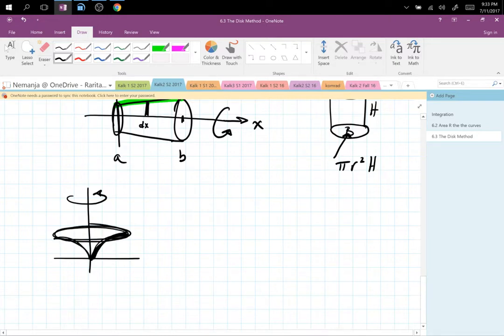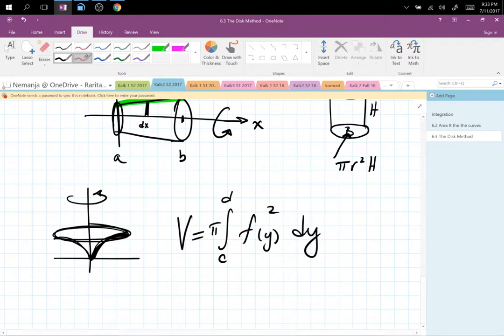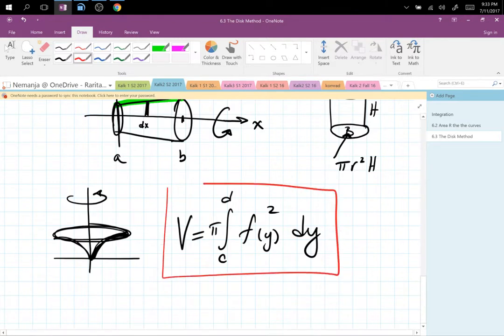It will be some kind of dish that has a spike on the bottom, and you have to balance it, I don't know, to stand, whatever. Volume in the y direction is pi, integral from c to d of f of y squared dy. So we can also rotate around y.